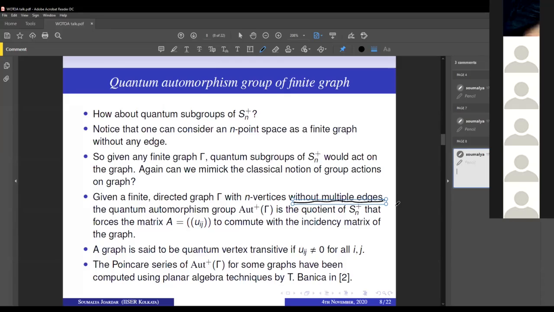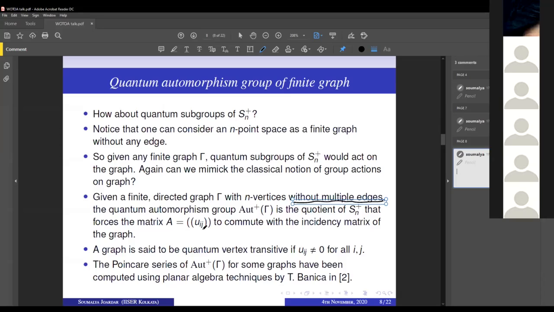Okay, so the quantum automorphism group will be a quotient of Sn plus, like the classical automorphism group of a graph would be a quotient of Sn, of course. And how do we take the quotient? We take such a quotient that forces the matrix U_ij, which, if you recall, is the non-commutative counterpart of the classical permutation which maps the vertex i to j, to commute with the incidence matrix.